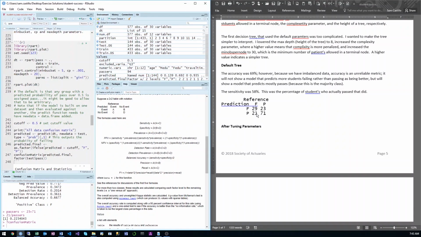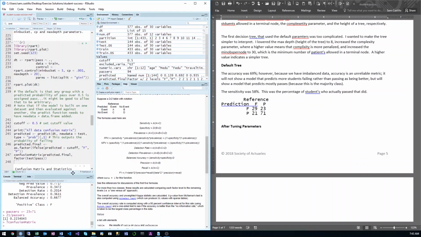So it's the ratio of the model's predicted failures to total failures. The specificity, D over B plus D. That's the ratio of predicted students to total students who passed.